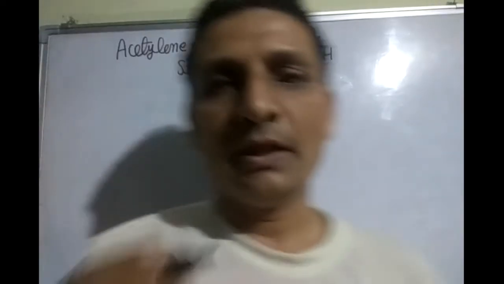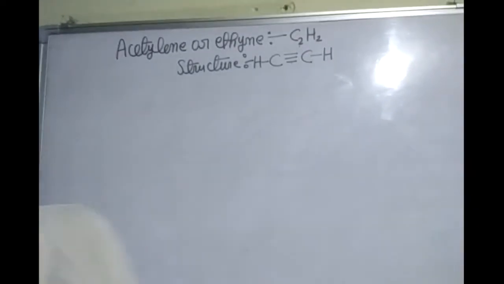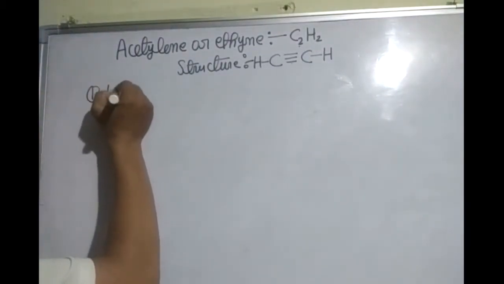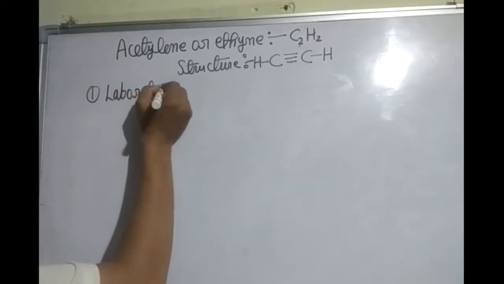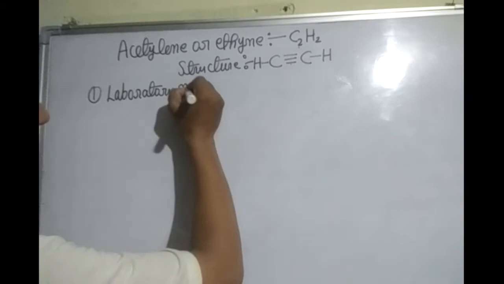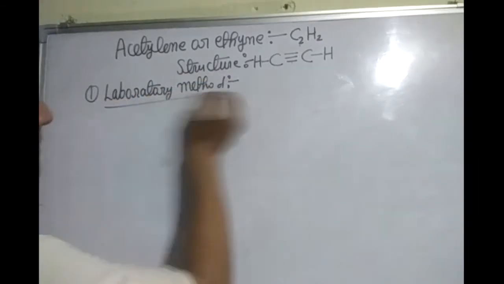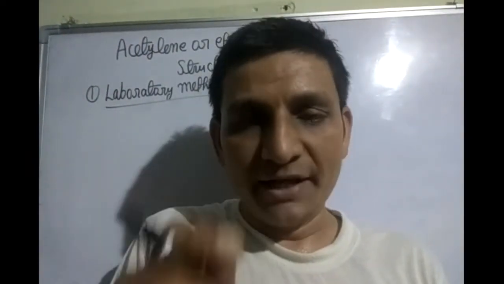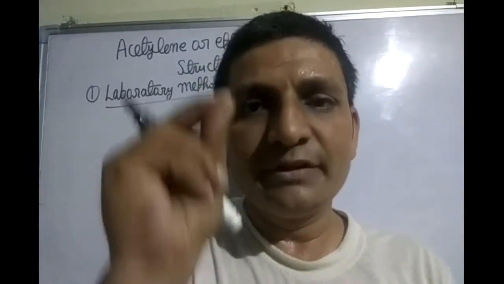Okay students, now I am telling you the method of preparation of ethine. First is the laboratory method. In the laboratory, acetylene or ethine is prepared when calcium carbide reacts with water.